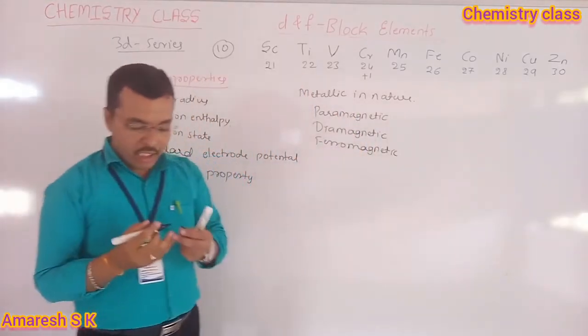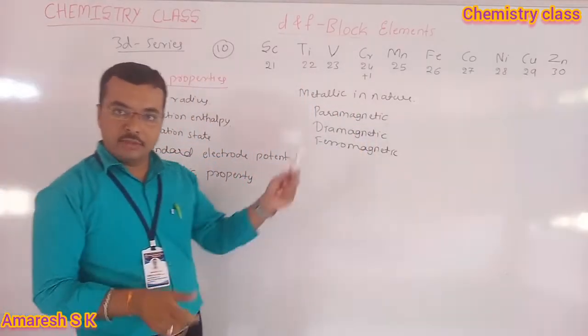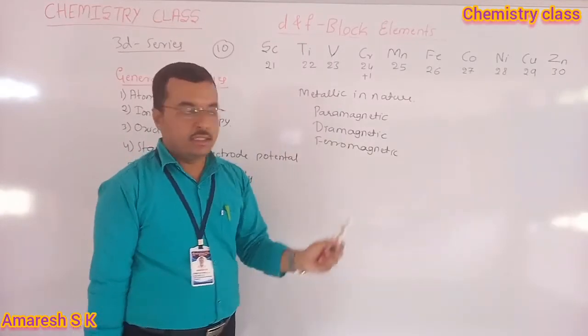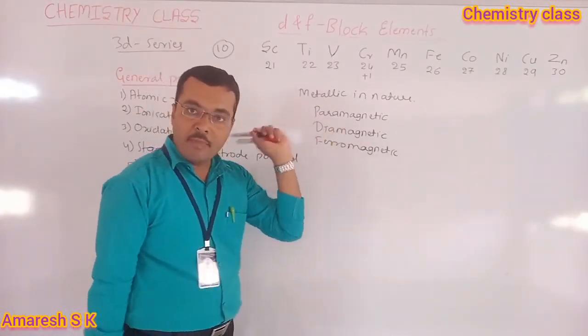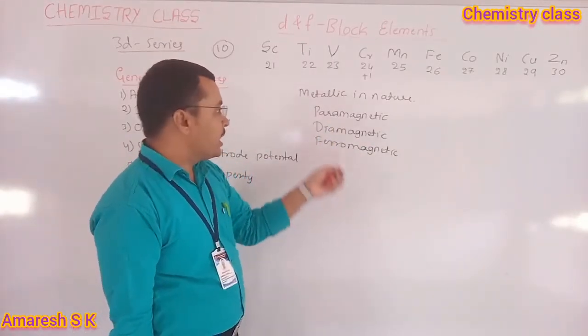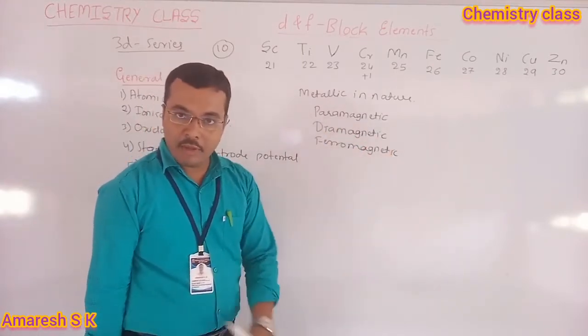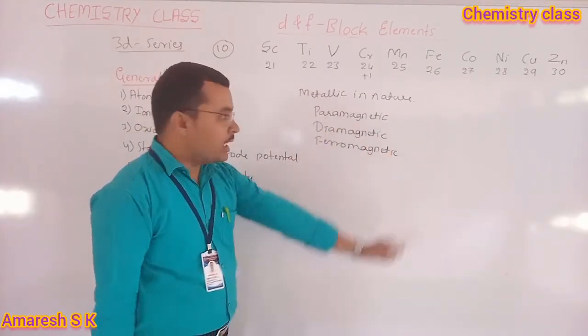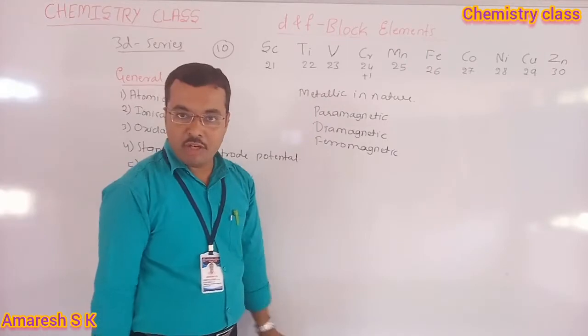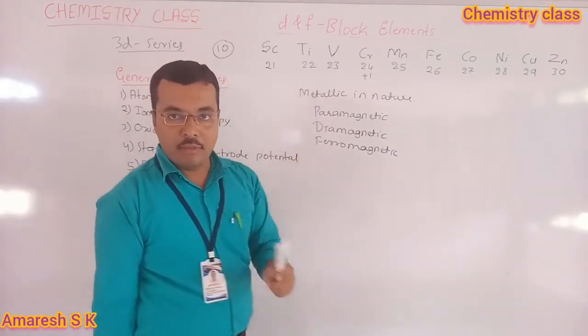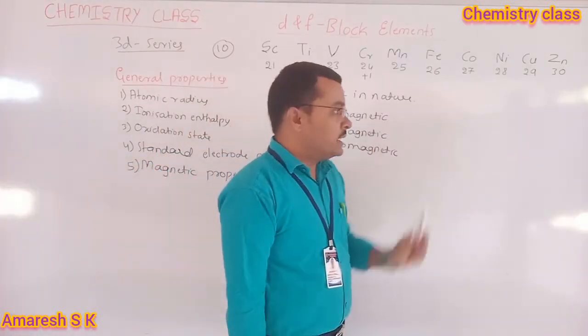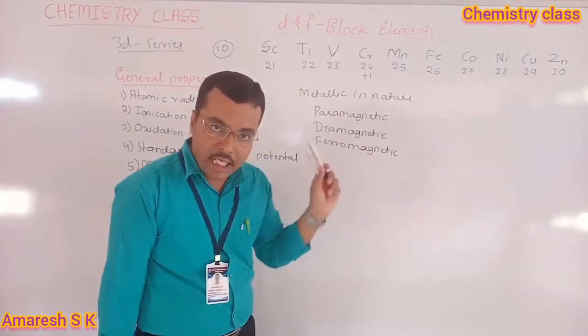Like this property we can observe in the solids, especially in the metallic solids. First one is the paramagnetic property, diamagnetic property, and another one is the ferromagnetic property. Like these properties we can observe in the D series of elements, especially in the metallic elements.